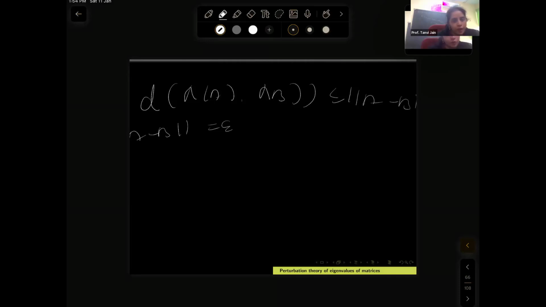That I have to show. So here I will use this proposition and the false matching lemma.